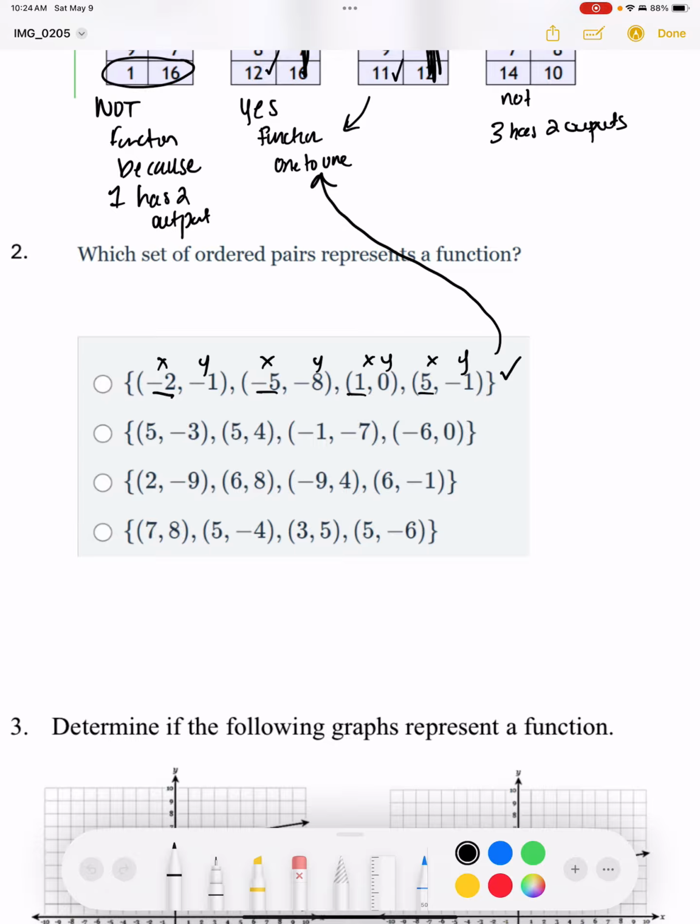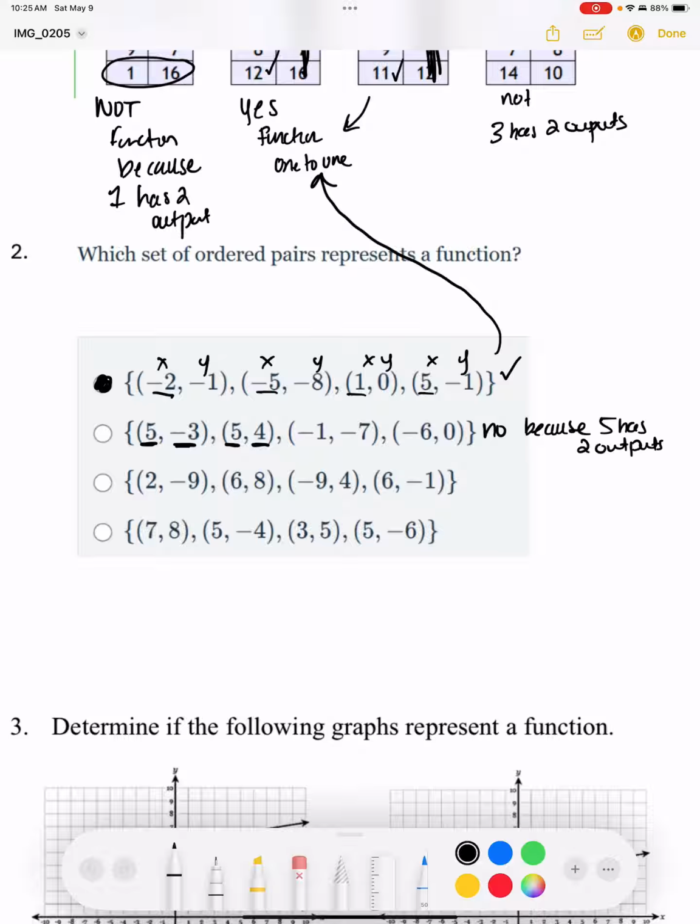For the second one, the question was which one represents a function, so that would probably be A. For this one, there's a problem here because the 5 has a -3 and then the 5 has a different pair. So that's no, because 5 has 2 outputs.